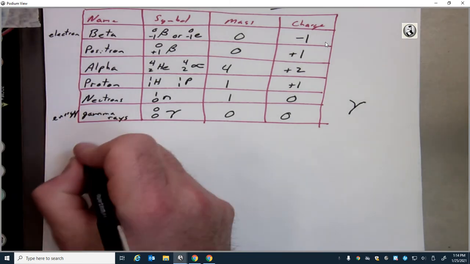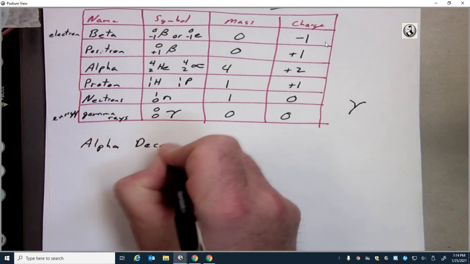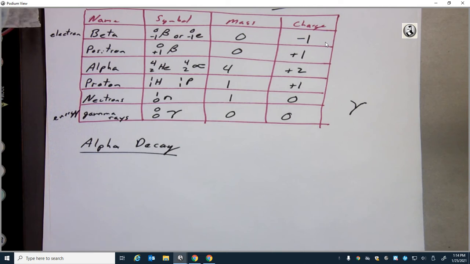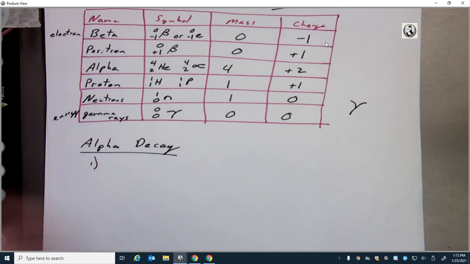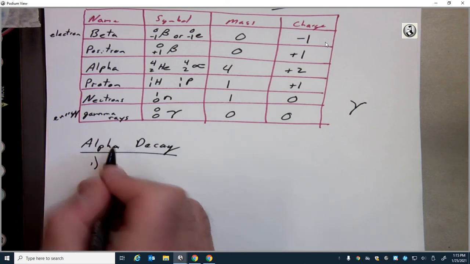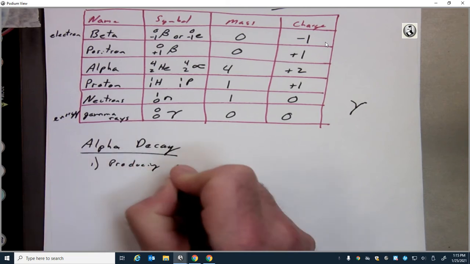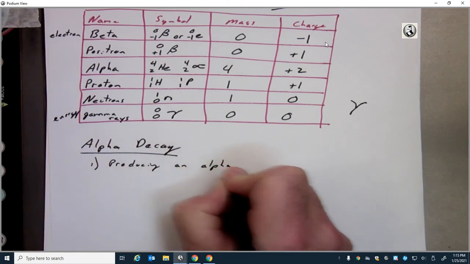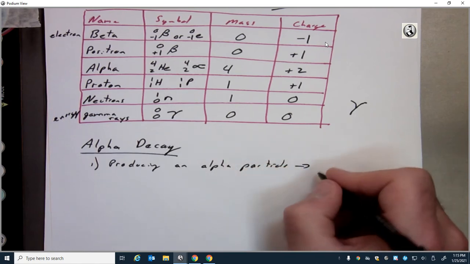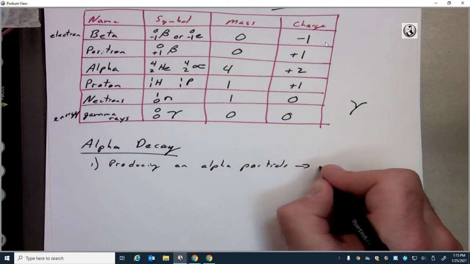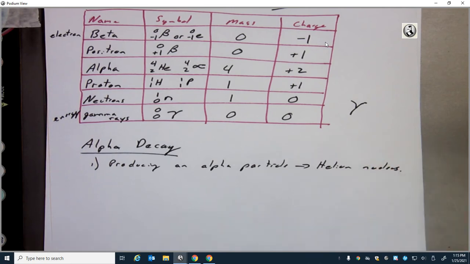So let's talk about alpha decay. When we're talking about alpha decay, that means we're producing an alpha particle, or a helium nucleus. That's the radiation.